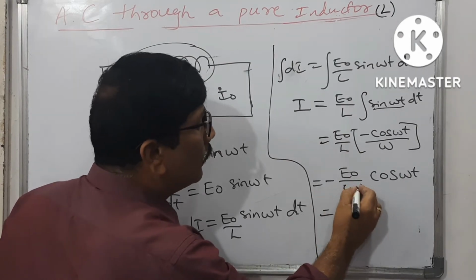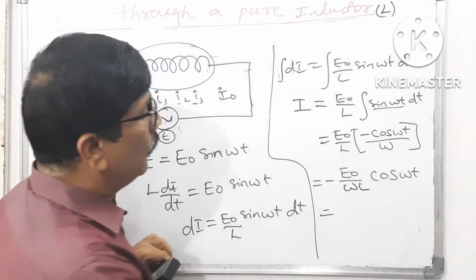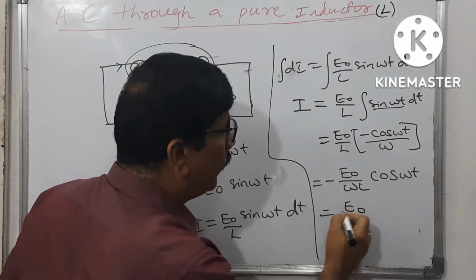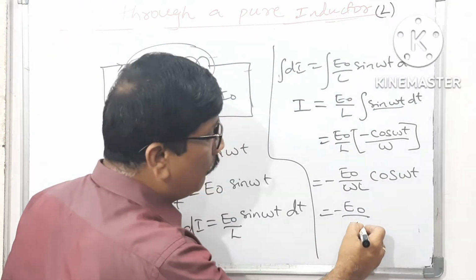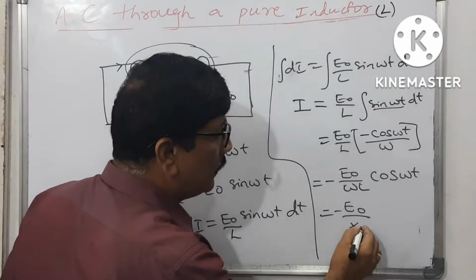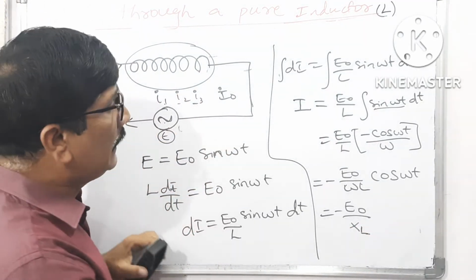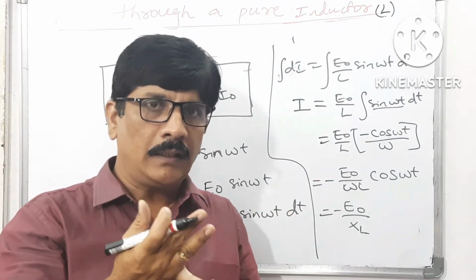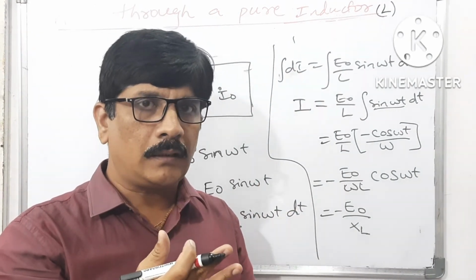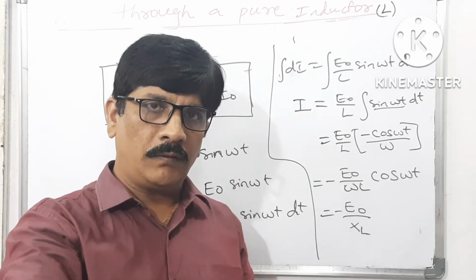Omega L, I already said, is the inductive reactance of the coil. This is denoted by XL. Every component, whether resistor, capacitor or inductor, opposes the current.